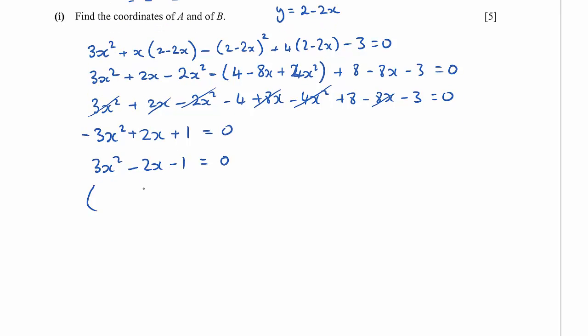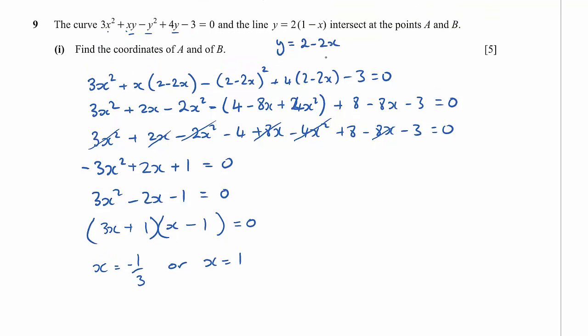I'm pretty sure we can factorize that. So we've got 3x and x, 1 and 1. Let's make that one a minus, that one a plus. So we get x equals negative 1/3 or x equals 1. So if x equals 1, y is equal to 0. So we'll call that one the point B, (1, 0).